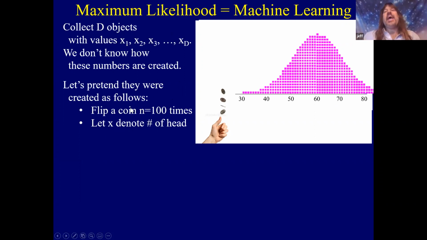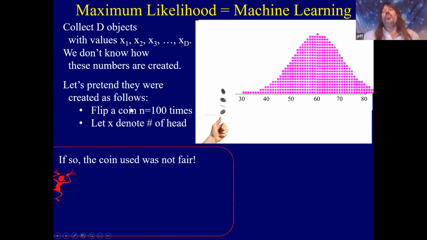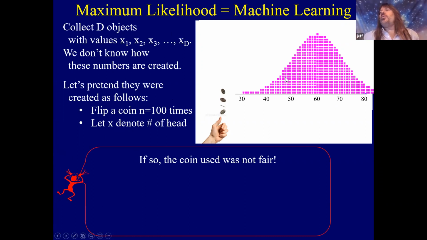And if that's the case, what do we learn? Well, our frustrated guy is going to come and say, hey, if you got these from flipping a coin, then your coin was not fair, right? Because the average is not 50, it's shifted over. The average is 60 heads out of 100. So what did the frustrated guy learn?